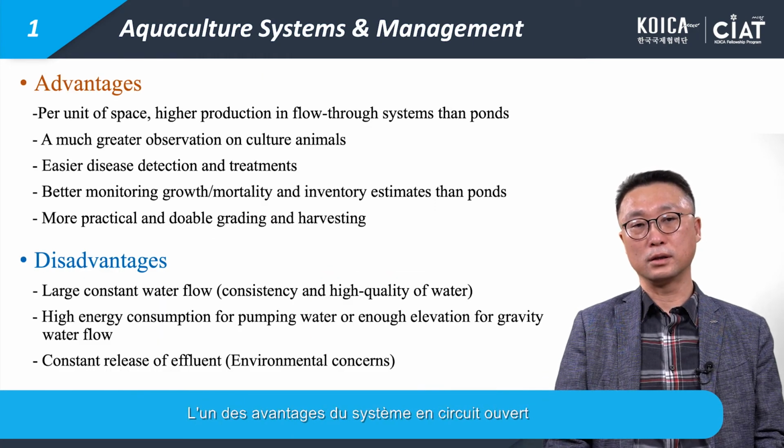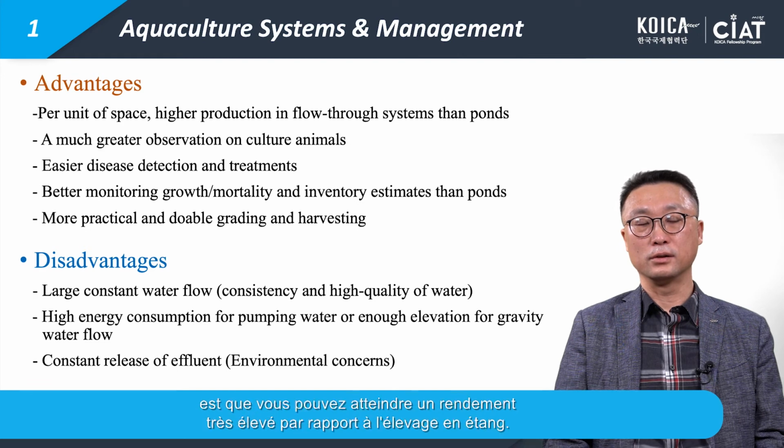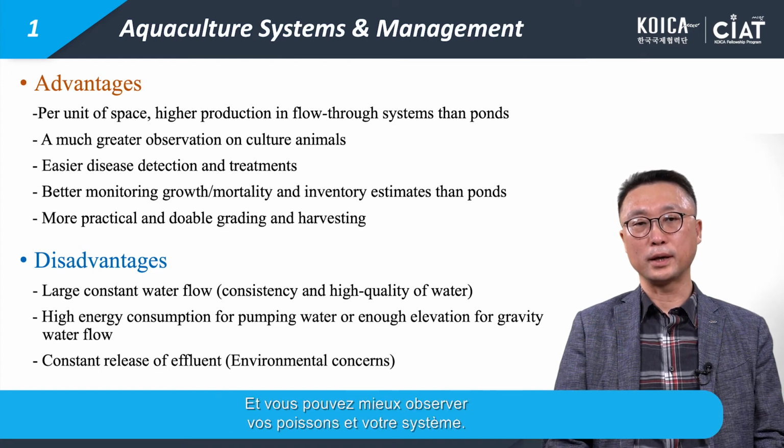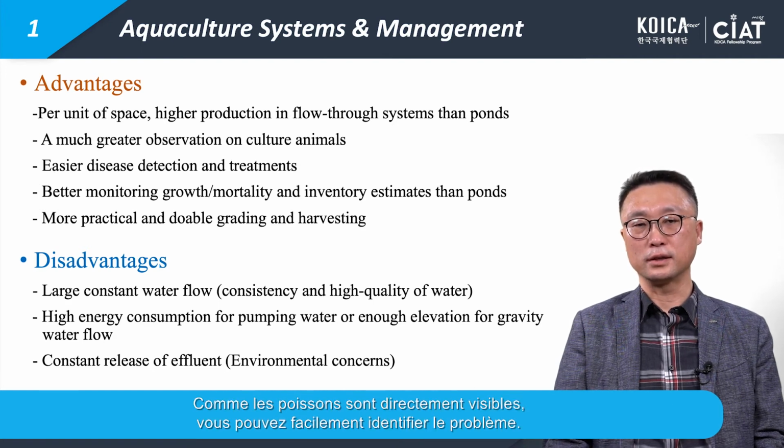One of the good things about a flow through system is you can reach a really high production rate per unit of space compared to pond culture, and also you can have better observation of your fish and systems, which means you can identify whether there are problems by directly seeing your fish.